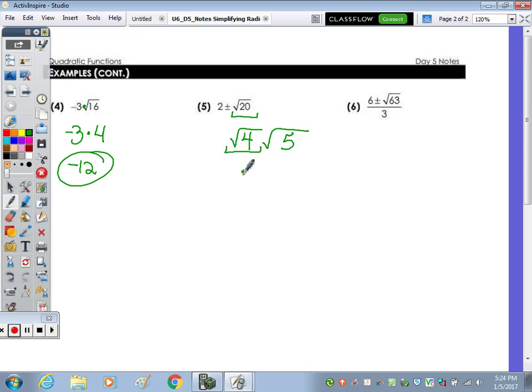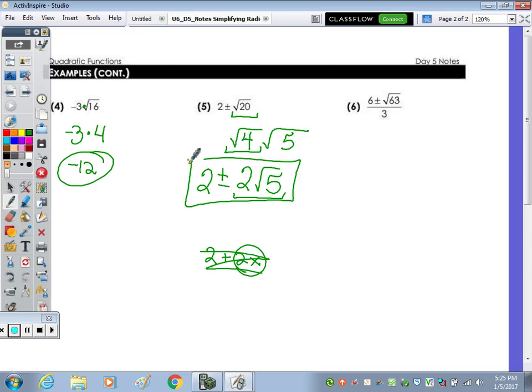Take the square root of 4, and this becomes 2 radical 5. Bring down the 2 plus or minus, and you can't combine a radical term with a non-radical term. Okay? Treat this just like 2 plus 2x. We can't combine an x term with a non-x term. Okay? So this would be the final answer.